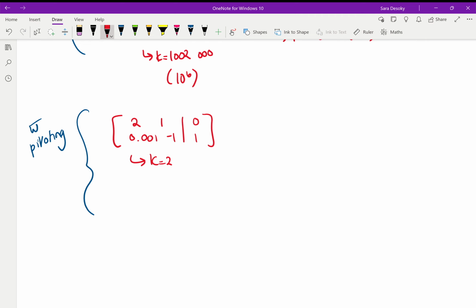But on the last page of the notes, there's a numerical example, again using reduced arithmetic.